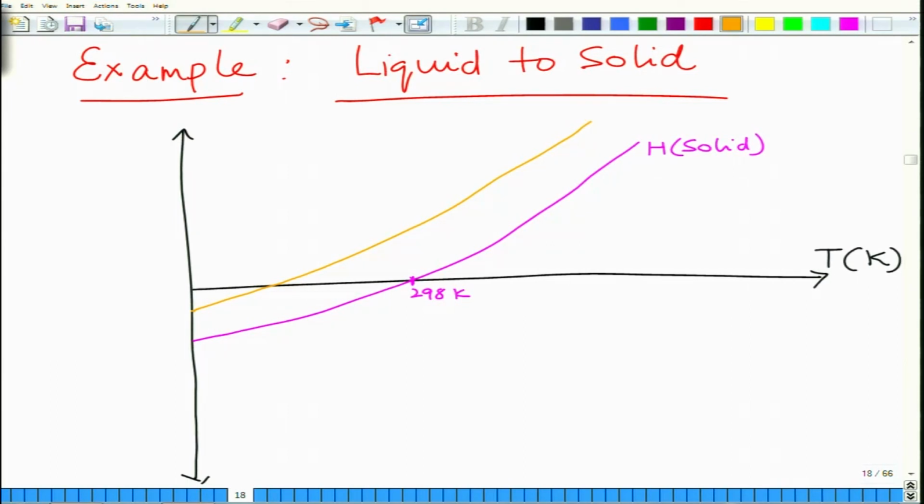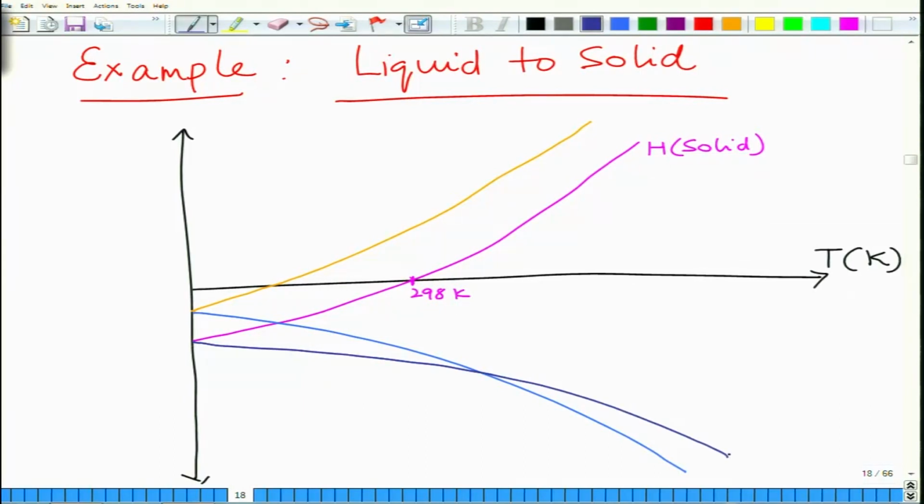and the free energy of two phases. So, for the first phase the free energy would be like this, okay. And for the second phase the term would be like this.